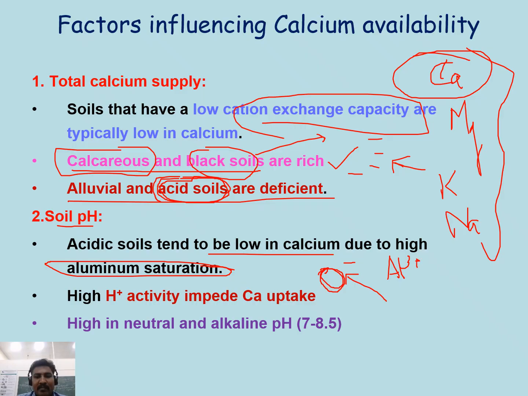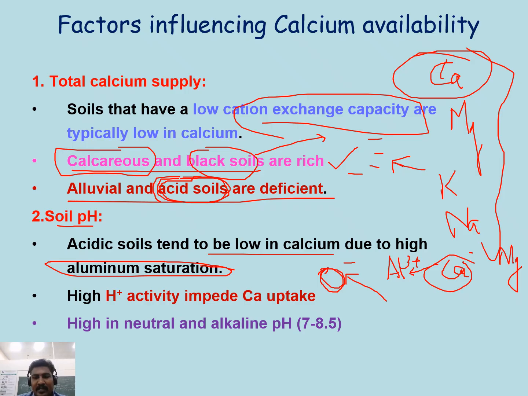Al3+ is held on the surfaces of soil, followed by calcium, followed by magnesium. So the first priority is given to aluminum, but the lower valency calcium can replace aluminum. This process is called isomorphous substitution.